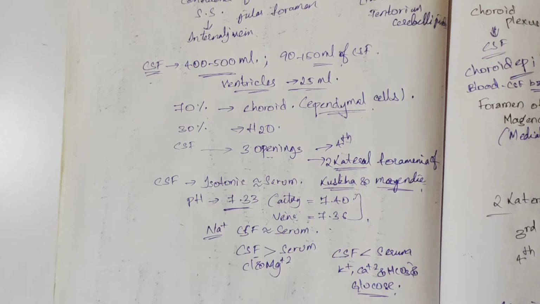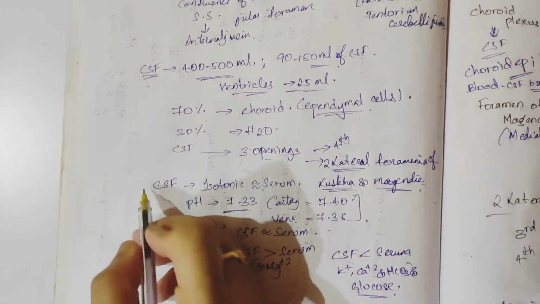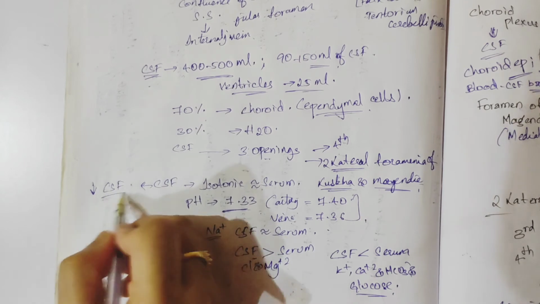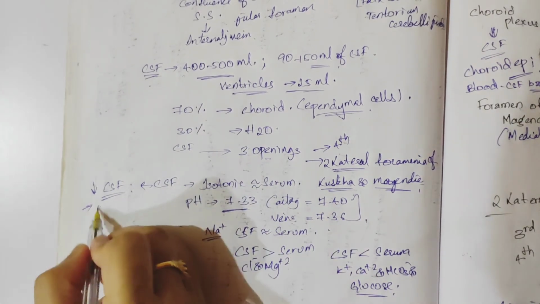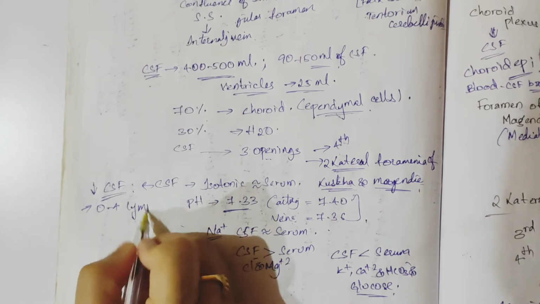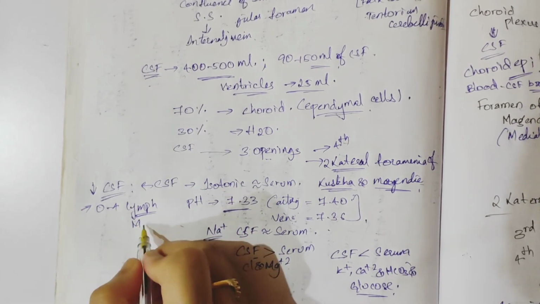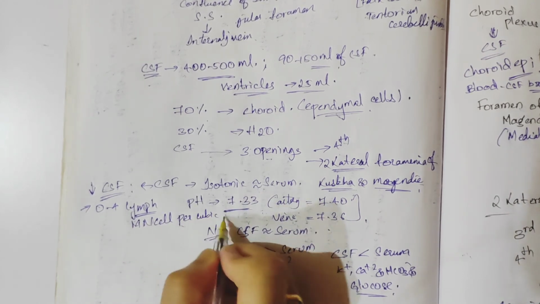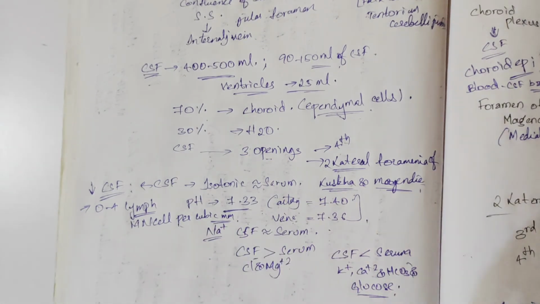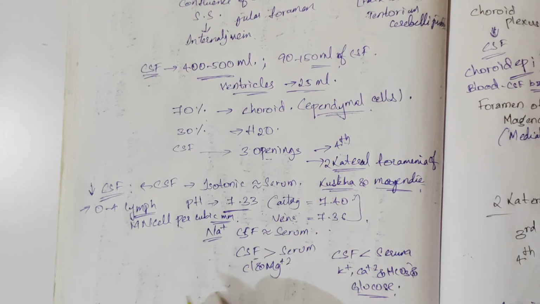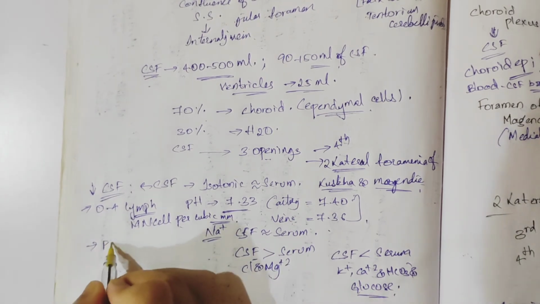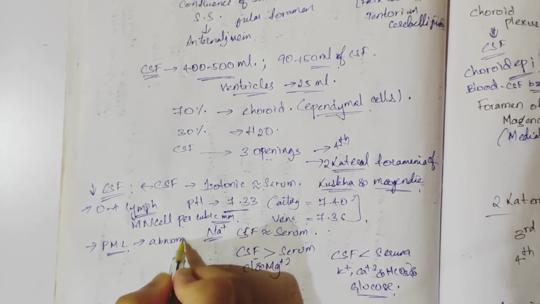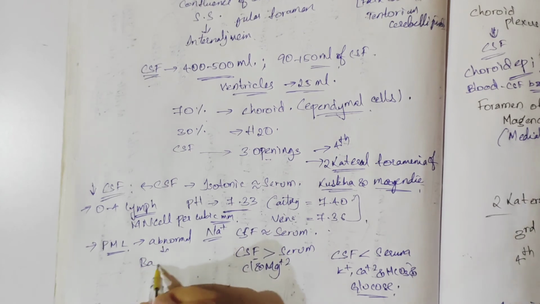And the concentration of proteins is much lower in the CSF compared to the serum, and there might be the presence of 0 to 4 lymphocytes or mononuclear cells per cubic millimeter. A few monocytes or lymphocytes is normal, but the presence of polymorphonuclear leukocytes is abnormal, which may result from bacterial meningitis.